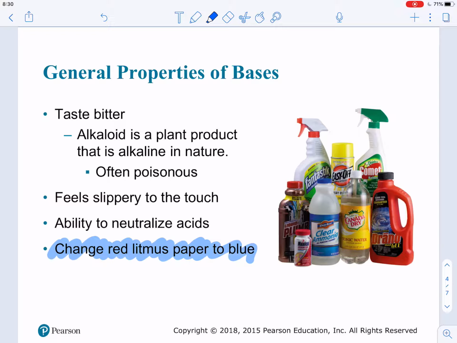You can collect more information. If you have the red litmus paper, you can identify a base, but you cannot identify an acid. The current pH paper that you can use, you can test whatever it is, and it will give you an answer whether it's an acid or a base.